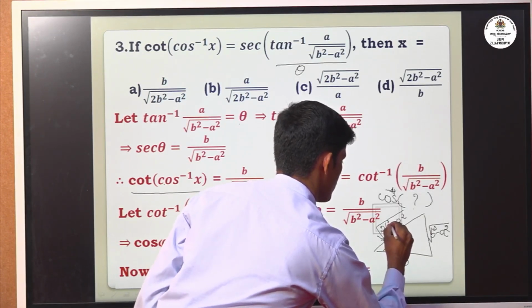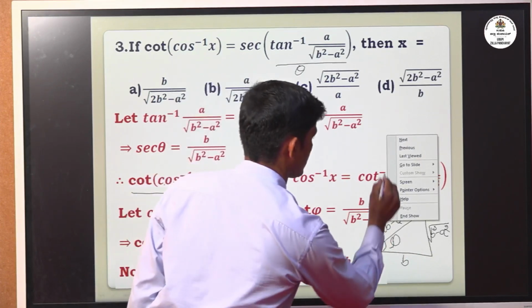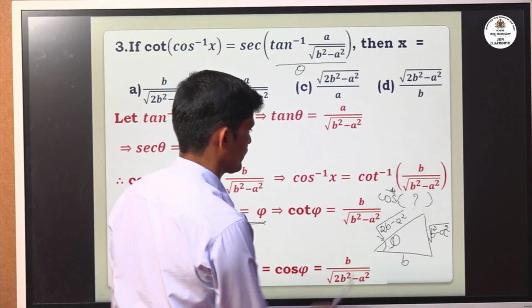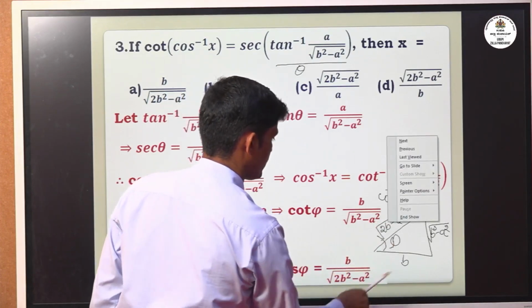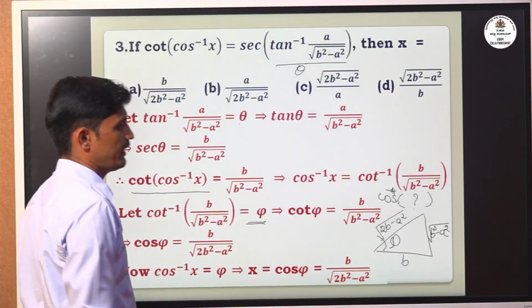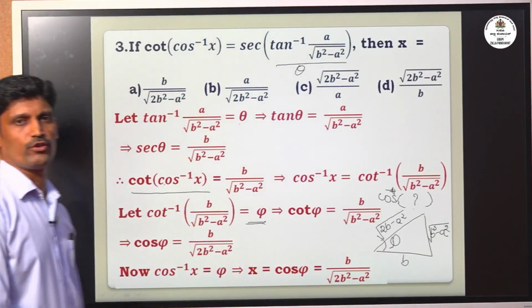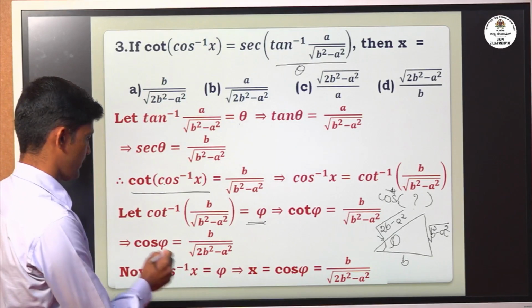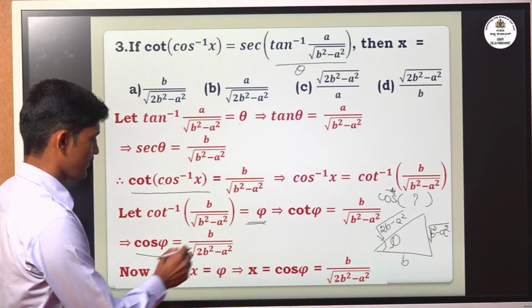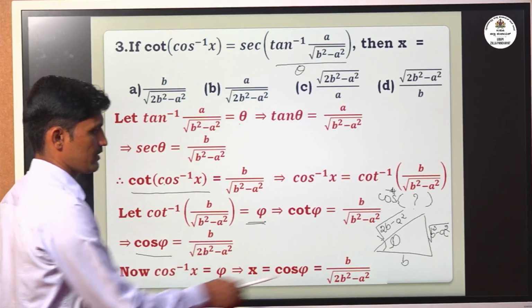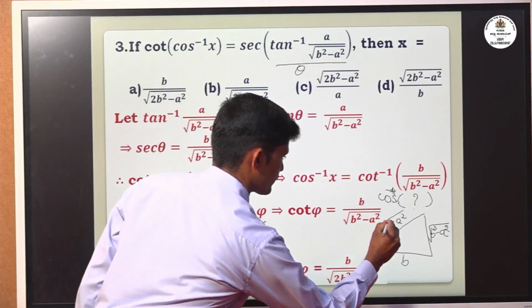This is 2b square minus a square. Therefore, we can define cos phi as adjacent by hypotenuse, that is b by square root of 2b square minus a square. So, cos phi is equal to b by square root of 2b square minus a square as adjacent by hypotenuse.